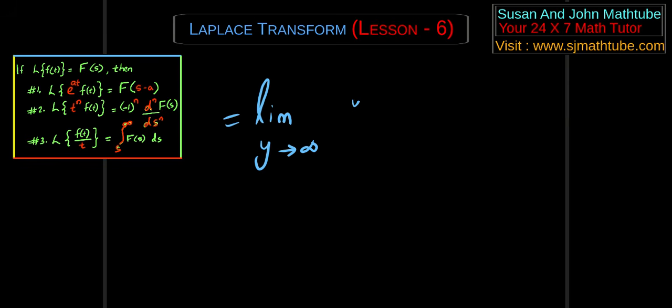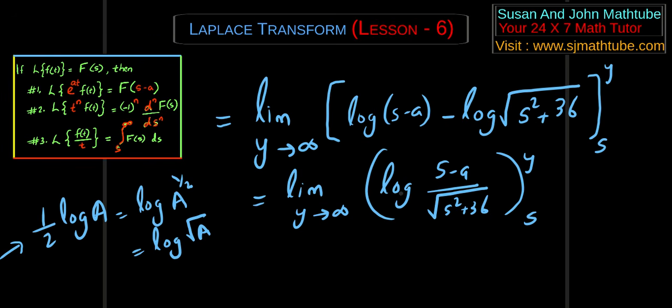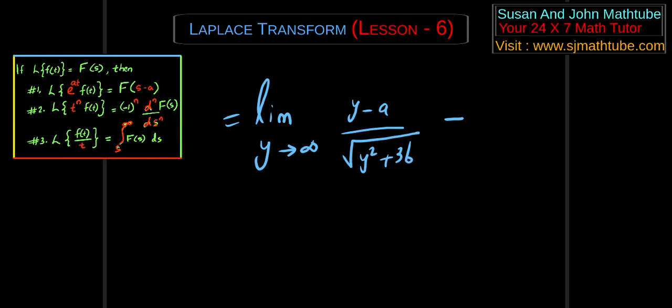So we get (y minus a) by root under (y square plus 36) minus, of course we'll take the limit, and the second one will not be affected. So I'm skipping a lot of steps, and I hope you are doing this by yourself. So (s minus a) by root under (s square plus 36) after taking limits.